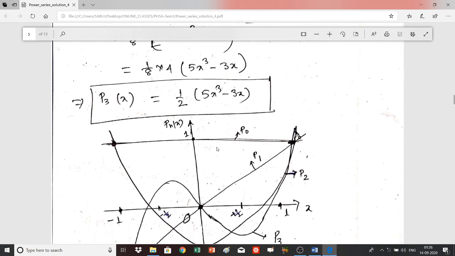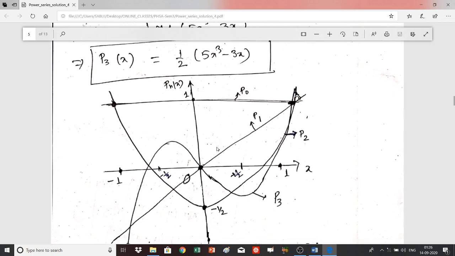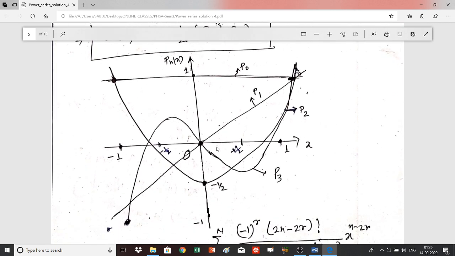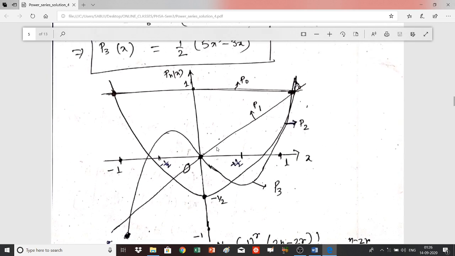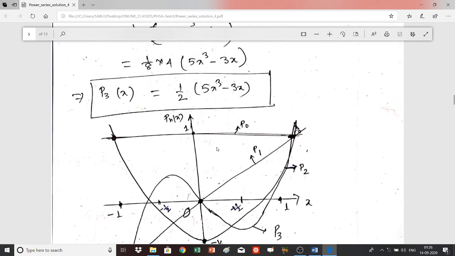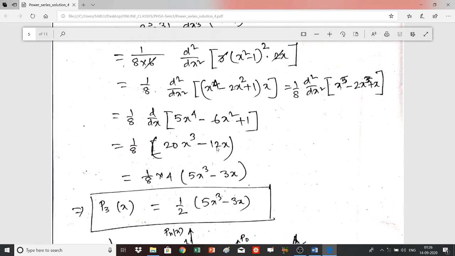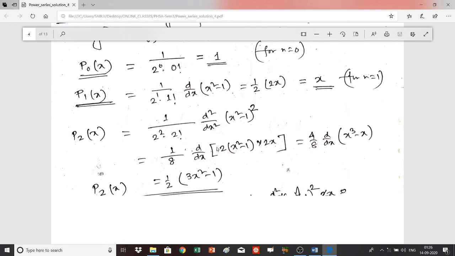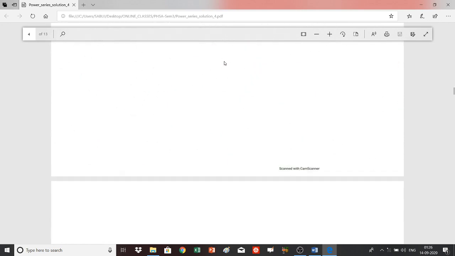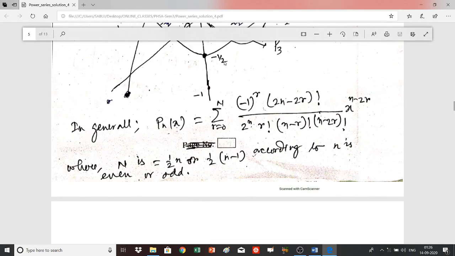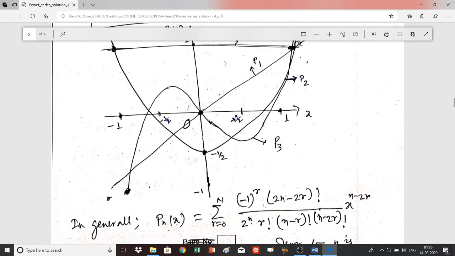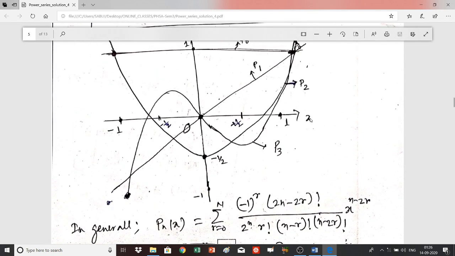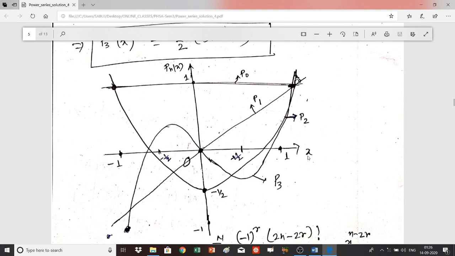Now here we are trying to plot the different Legendre polynomials. You can see the first Legendre polynomial, P0(x), has the value 1, and here we plot x on this axis and Pn(x) on the y axis.